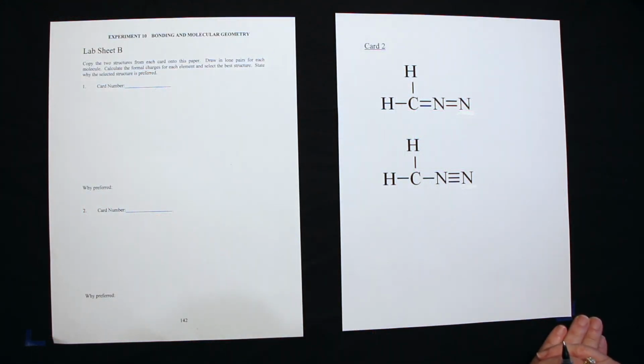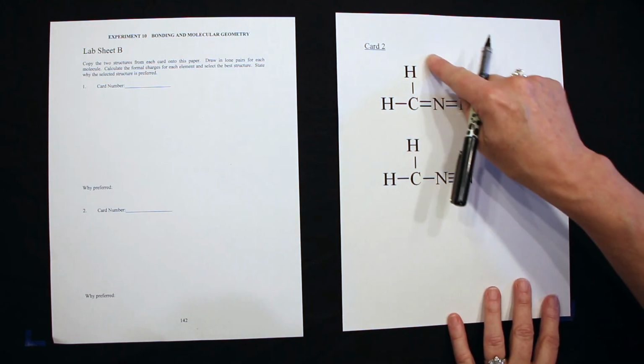In lab sheet B, you will be given 2 cards, and each card has 2 possible structures of a molecule on them. And we'd like you to calculate the formal charge on each atom and each molecule, and then using the description in the lab manual right after the formal charge section, we need you to select which structure should be the preferred structure.